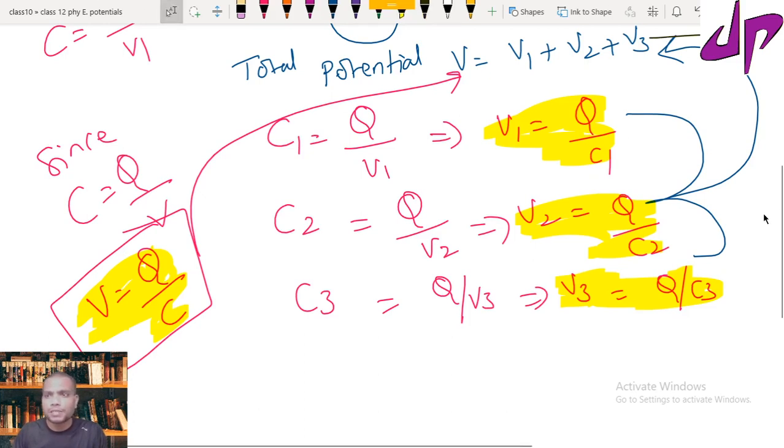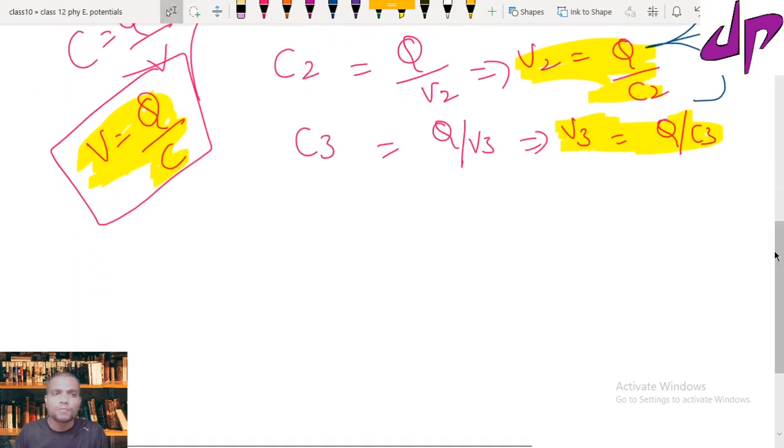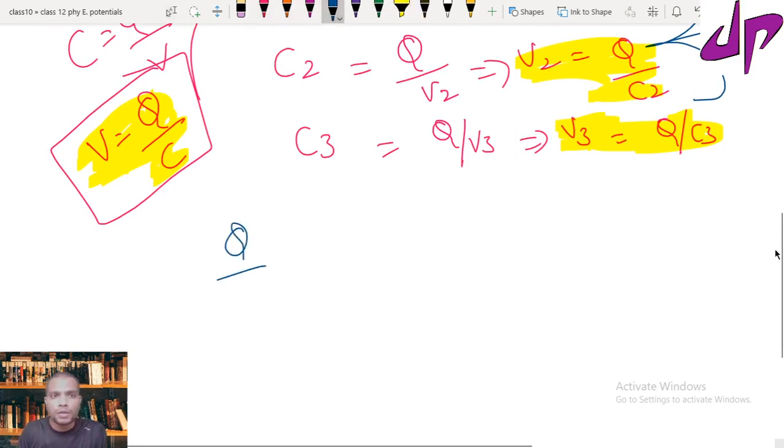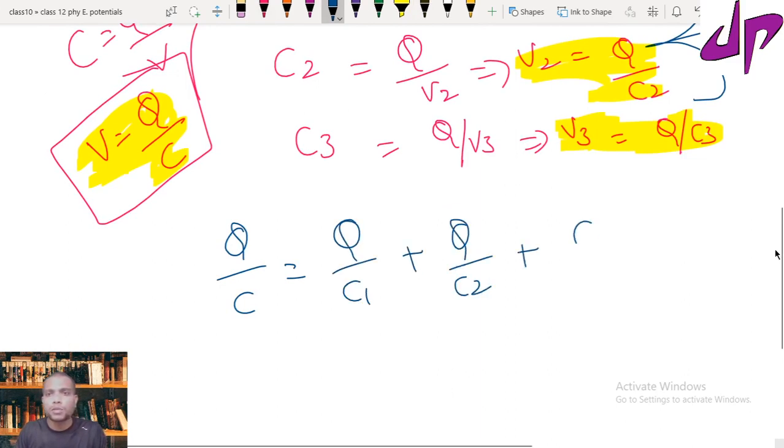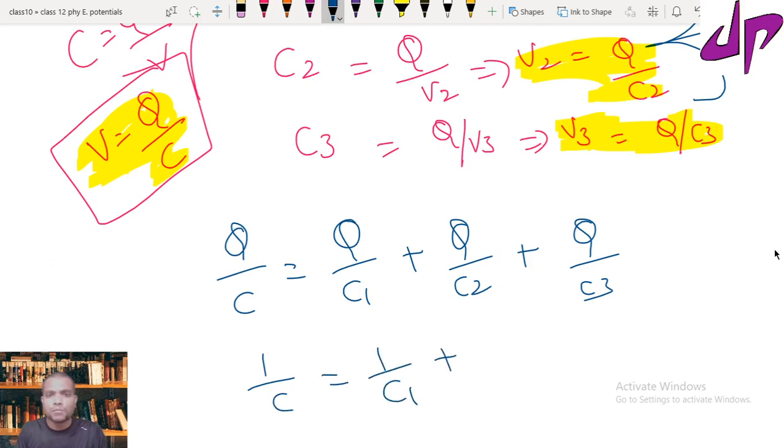Now our final expression turns out as Q by C equals Q by C1 plus Q upon C2 plus Q upon C3. We eliminate the common factor Q and end up with 1 over C equals 1 over C1 plus 1 over C2 plus 1 over C3.